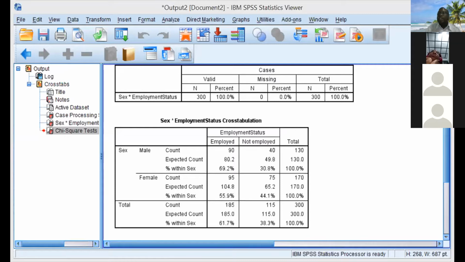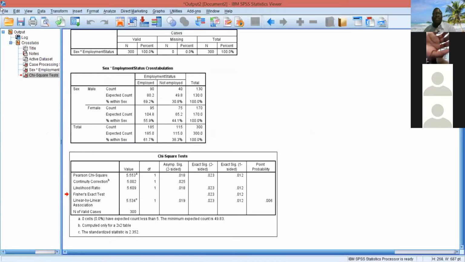So in your interpretation of the result, you now say, oh, male are more likely to be employed, 69.2%, than female, 55.9%. And the difference was statistically significant. You can just put the p-value from the chi-square on the table. When you are writing your result, the male are more likely to be employed than female. It shows that the percentage of male that are employed is more than that of female that are employed.